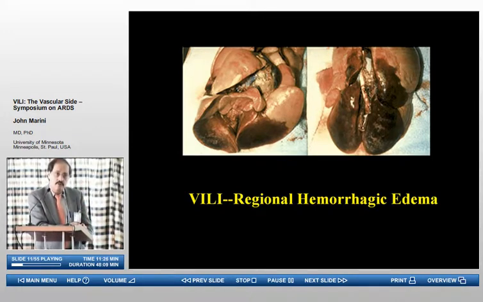But there are several other features, okay? One is that the vascular pressures and perfusion and flow to the dependent areas is greater than in the ventral areas. So that we envision that the hemorrhage and damage occurred in a sequence that went from bottom to top.